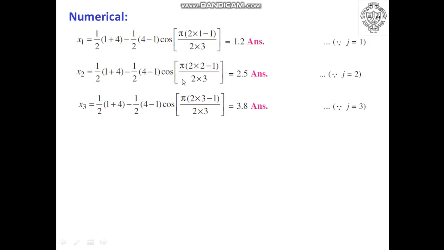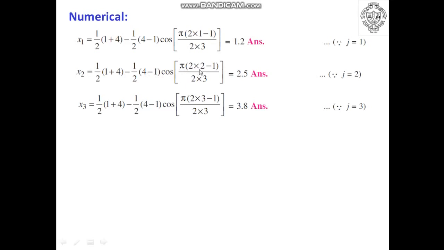Now put the value of j as 2 here, so xj is replaced by x2. We know the formula as 1/2 (xs + xf), that is xs is 1 and xf is 4, minus 1/2 (xf - xs), that is 4 minus 1, cos(pi (2 into j - 1) / (2 into 3)), where j is now replaced by 2.